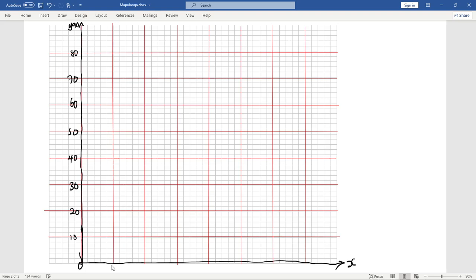The same thing on the x-axis: 10, 20, 30, 40, 50, 60, 70, 80. We're short of a box on this side, so let me erase this so that I draw it from this side.